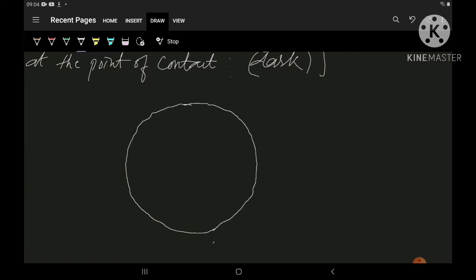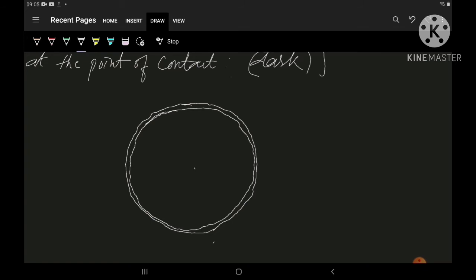This is the plain glass plate, and above this plain glass plate the plano convex lens is kept. So suppose this is the plano convex lens, and this is the point of contact.